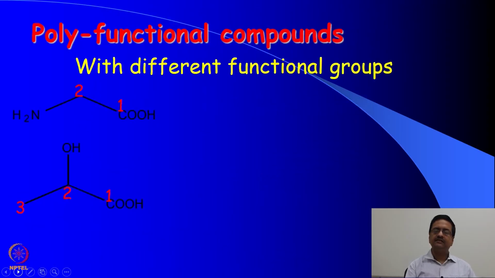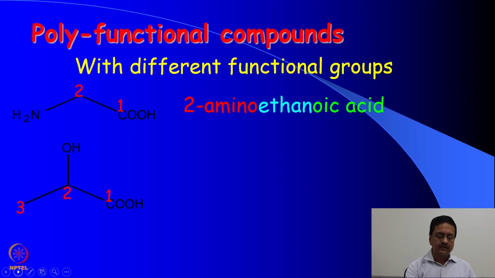When we have polyfunctional compounds with different functional groups, we need to prioritize them, and we need to write them as per their class. Here the first case is a carboxylic acid with an amine. The carboxylic acid is written as oic acid. It is originating from ethane, so it is ethanoic acid, and then you have the amino group present, which is a 2-amino substitution.